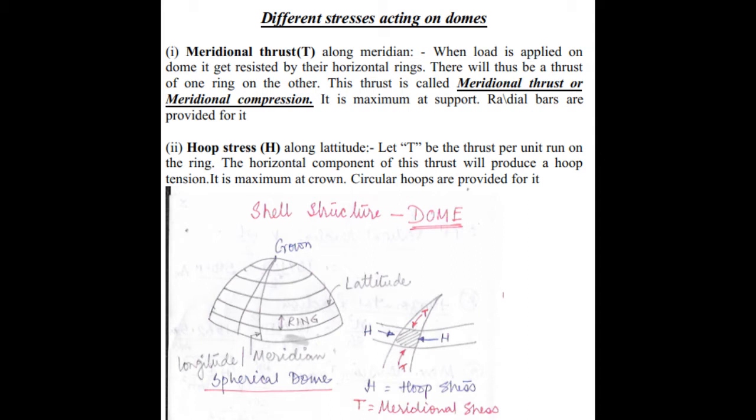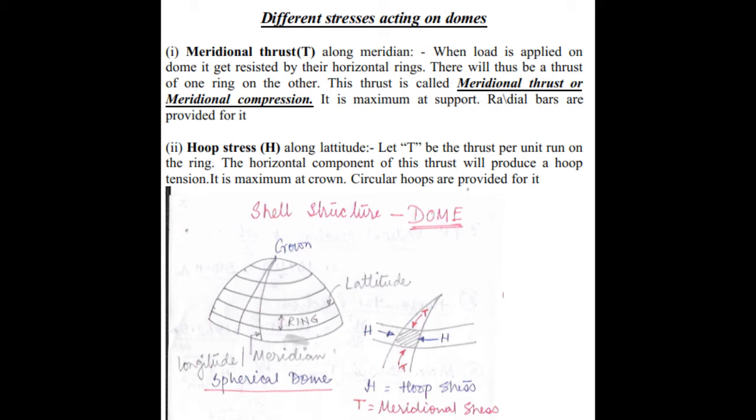That is the property of any member: when you apply some external load on it, it will try to resist, and that is the concept of stress generation. So there will be a thrust of one ring on the other ring. This thrust is called the meridional thrust or meridional compression. It is maximum at the support, and radial bars are provided to resist it.